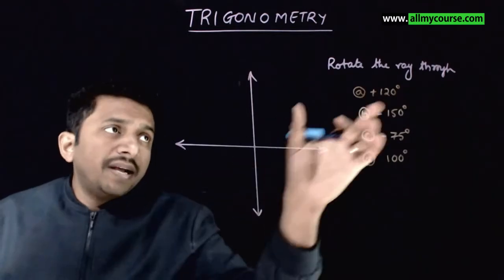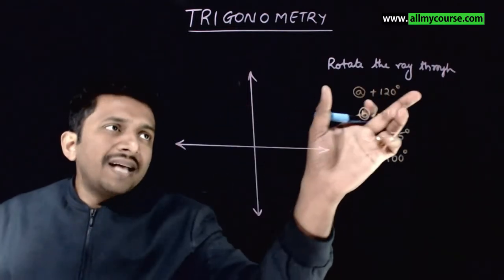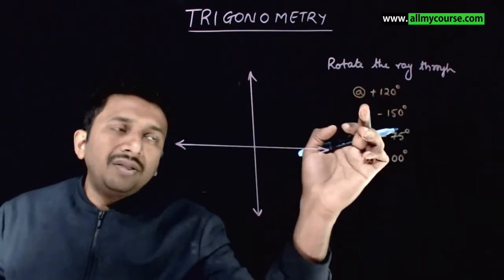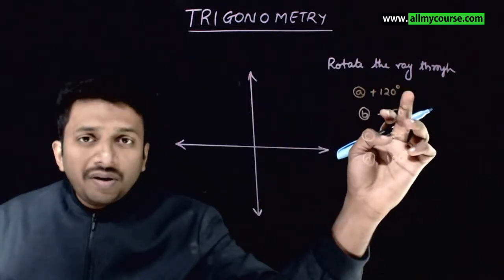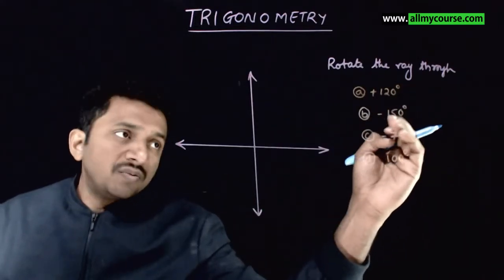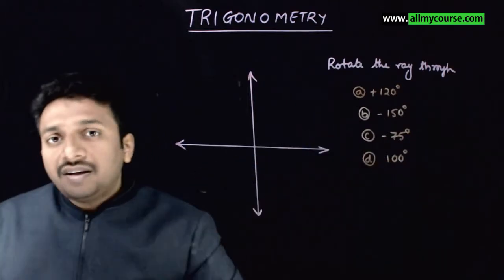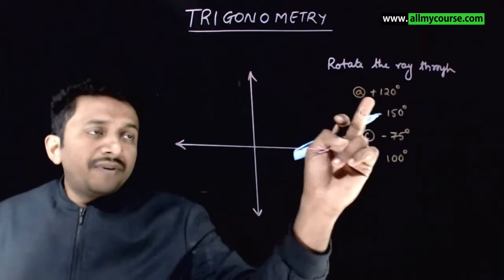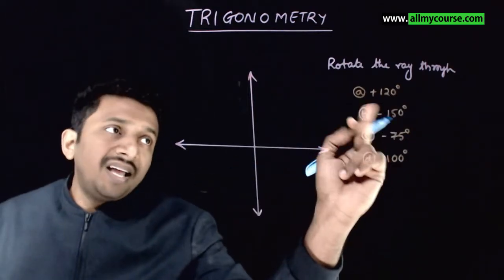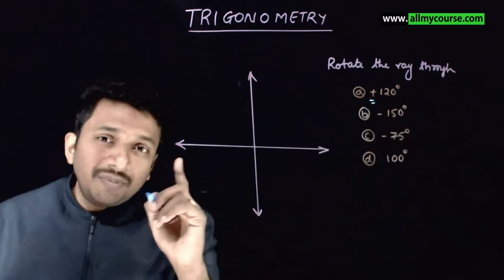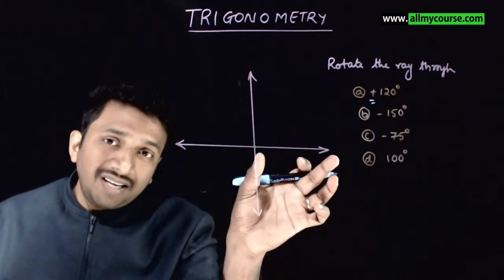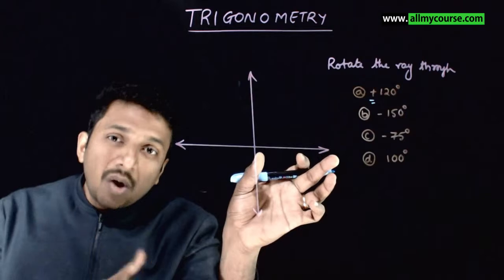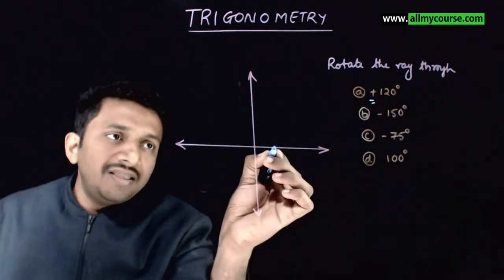For example, let us look at the sample question. You're asked to rotate the ray through, in one case 120 degrees, the next sub question minus 150 degrees, then minus 75 and 100 degrees. First, if you're asked to rotate the ray through plus 120 degrees, that means you're asked to rotate this initial ray through 120 degrees in the counterclockwise direction. That is, in this direction.